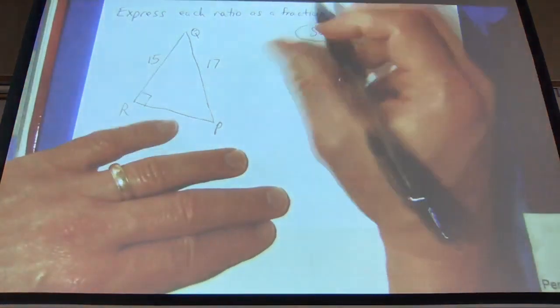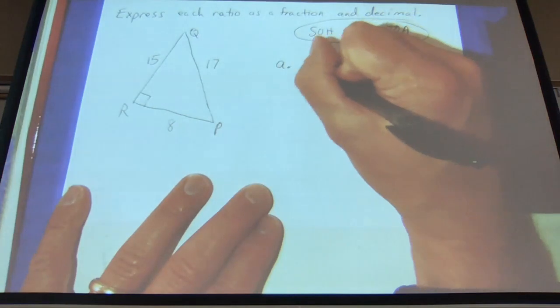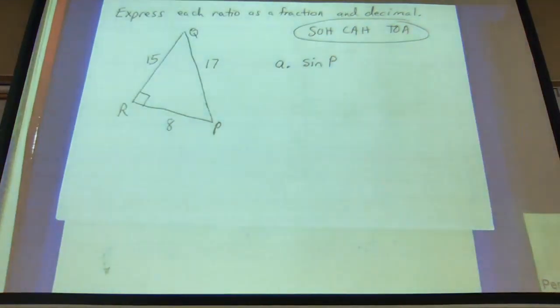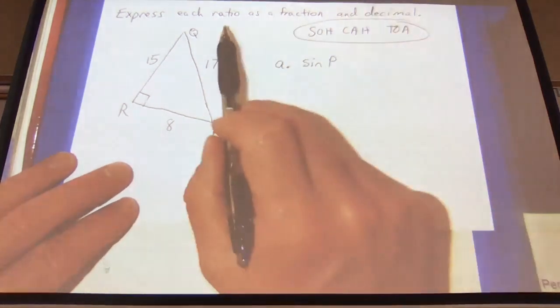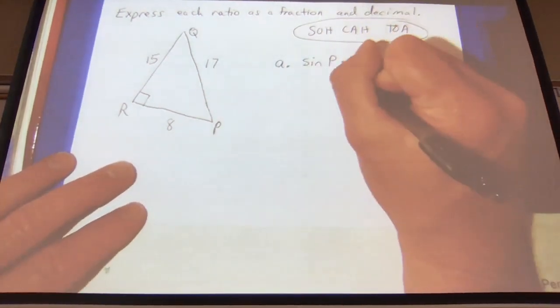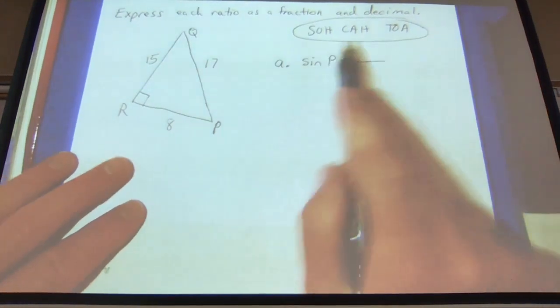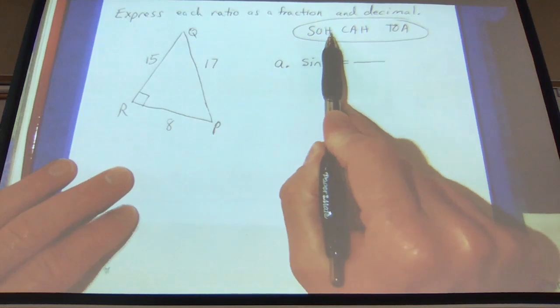All right, let's work our way through this here. We'll call this first one letter A. They're going to start with the sine of angle P. And again, they want this ratio as a fraction and as a decimal. So I'm going to start with a fraction. Sine, if you remember SOH CAH TOA, is opposite over hypotenuse.